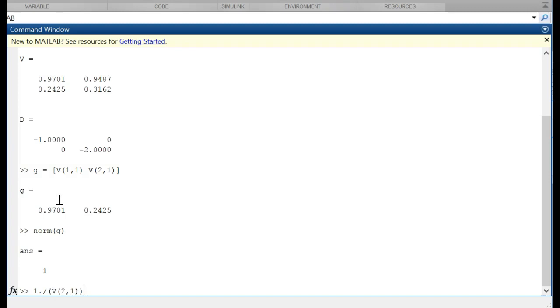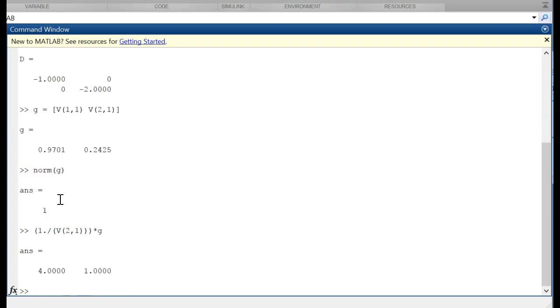Then multiply that result, putting parentheses around it, times G. I think that will make the second term into 1, and by scaling, hopefully the first term into 3. Oh, sorry. 3, 1 is not the one that corresponds to -1. The 3, 1 corresponds to the 2. So the 4, 1 is the -1.